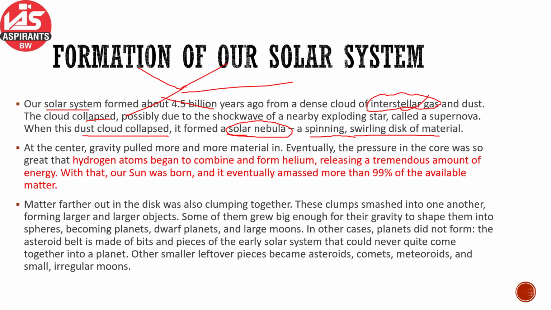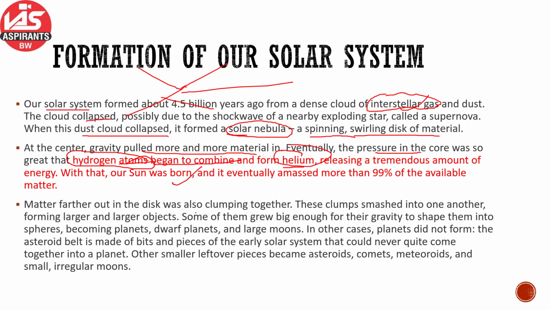At the center, gravity pulled more and more material in, and eventually the pressure in the core was so great that hydrogen atoms began to combine and form helium. So if somebody asks what were the first atoms in the universe, hydrogen atoms. They combined to form helium, and that released a tremendous amount of energy, and with that our sun was born.